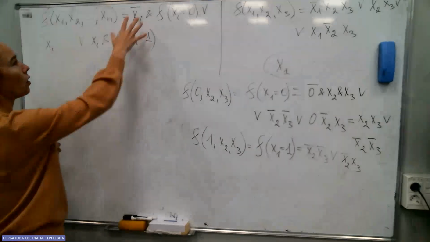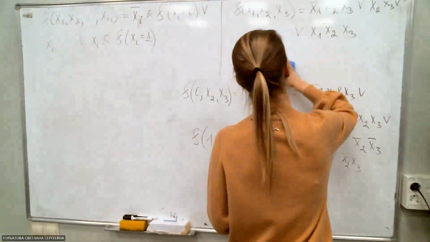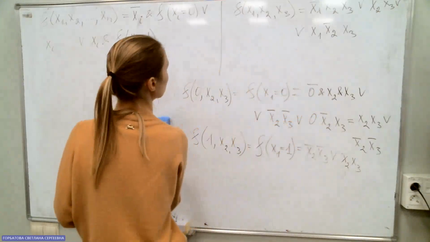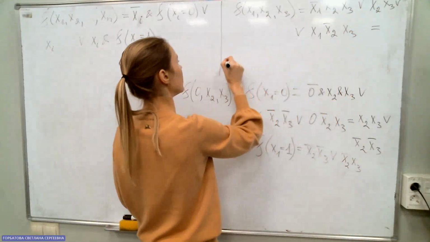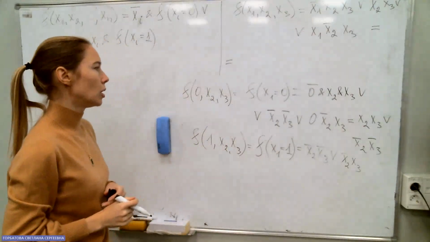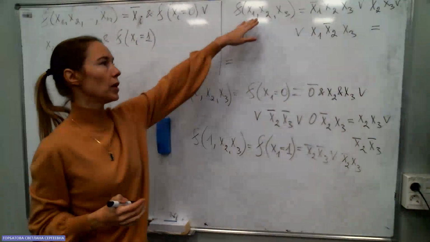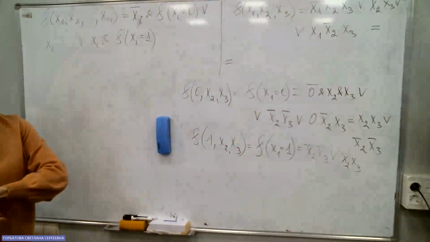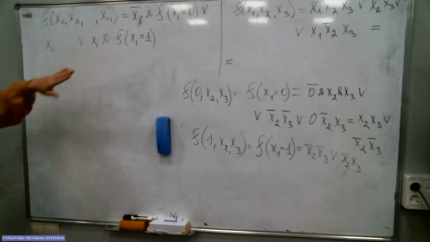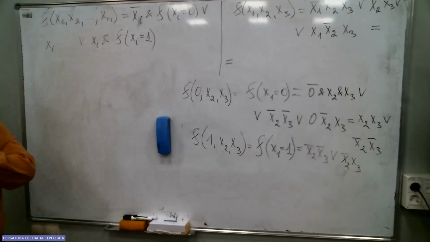And all expression for this example. So if we would like to remove from this function x1, according to Shannon decomposition, we need to use this formula, or the first formula from the second slide.